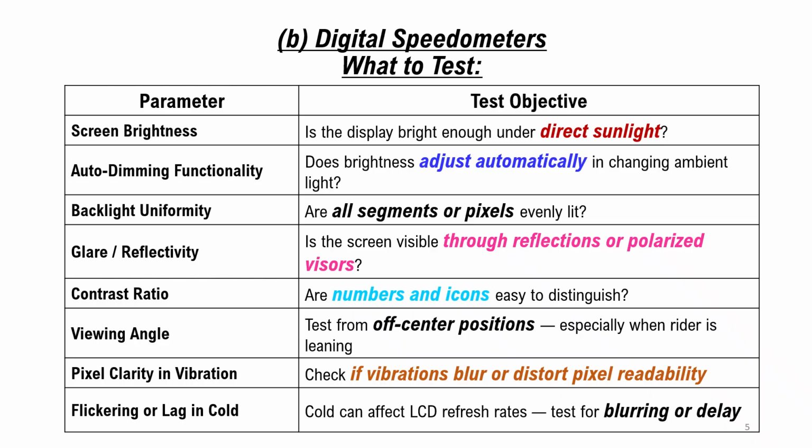Regarding digital speedometers, what to test? Screen brightness, that is, is the display bright enough under direct sunlight? Auto dimming functionality, does brightness adjust automatically in changing ambient light?